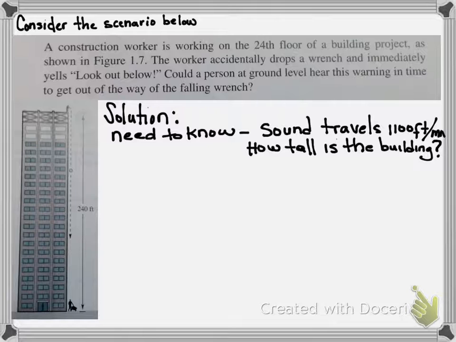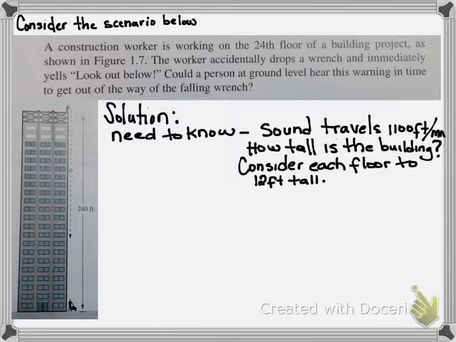Well, the building is 24 floors. Okay, it has 24 floors. Now I have to know how tall is each floor. These are the things I would need to solve this particular problem.